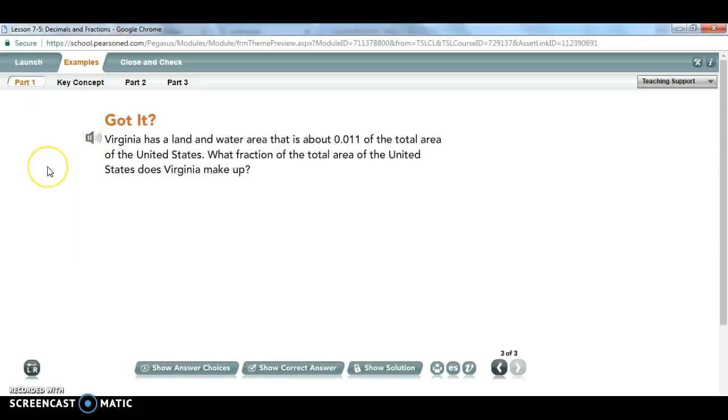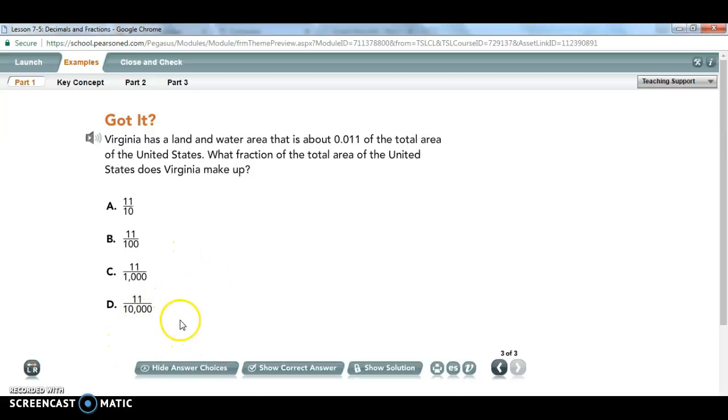Virginia has a land and water area that is about 11 thousandths of the total area of the United States. What fraction of the total area of the United States does Virginia make up? So this is our part 1 got it problem, and you are going to write whether you think it's 11 tenths, 11 hundredths, 11 thousandths, or 11 ten-thousandths.